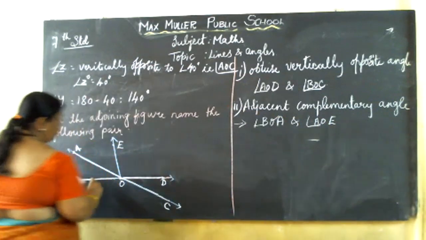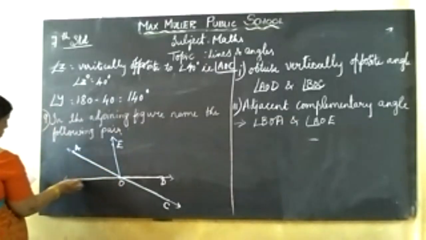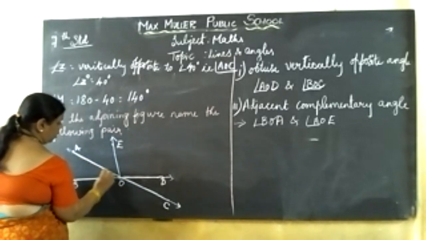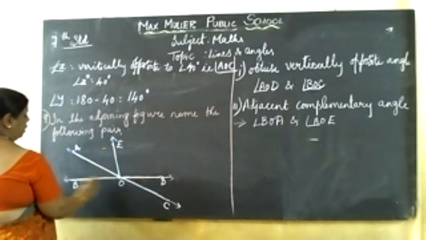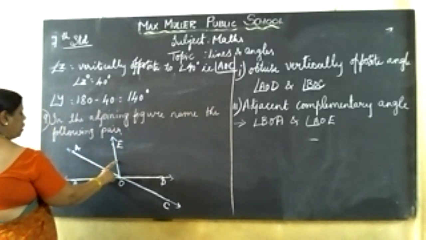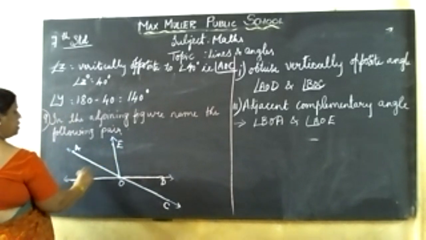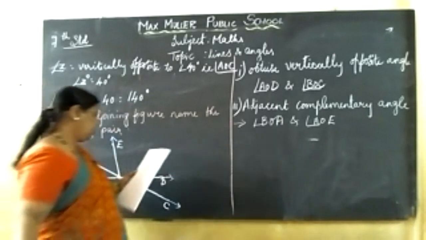Angle BOA, this one, and AOE. Adjacent. It is adjacent, isn't it? Non-common arms, A is the common arm. So this is adjacent angle, complementary angle.